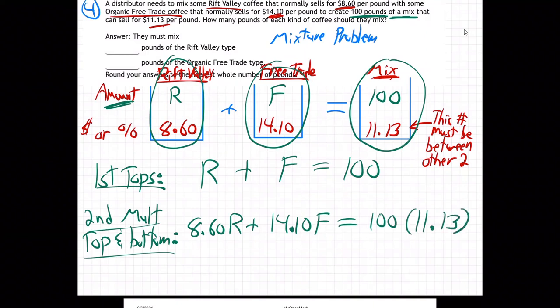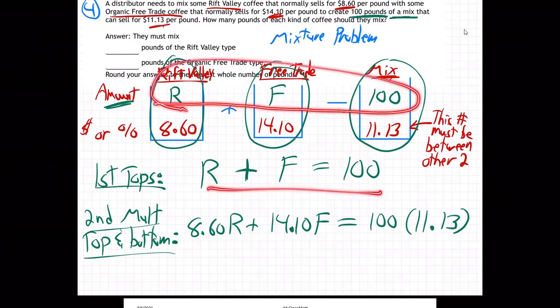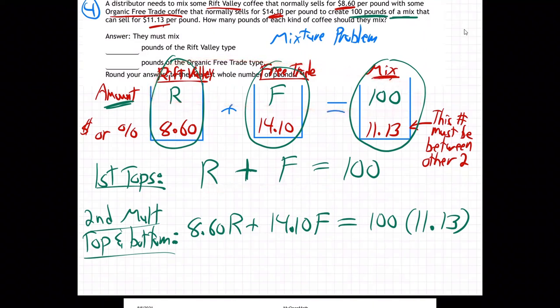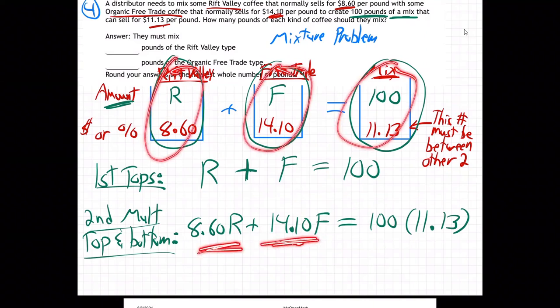Is that making sense? So again, the first equation is just right across the top. That's right here. The second equation comes from multiplying top and bottom, even on the right side. Multiply top and bottom. Okay.